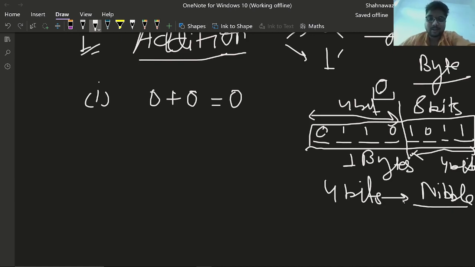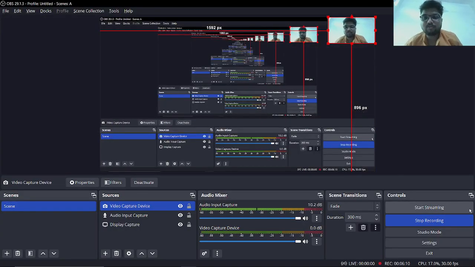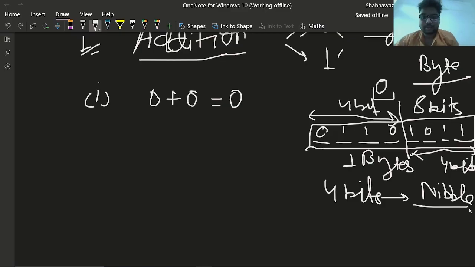So from now on, whenever someone asks you what a nibble is, you can say it is a collection of 4 bits. Now I think you have understood, so let me move forward to our topic, arithmetic addition in binary numbers.